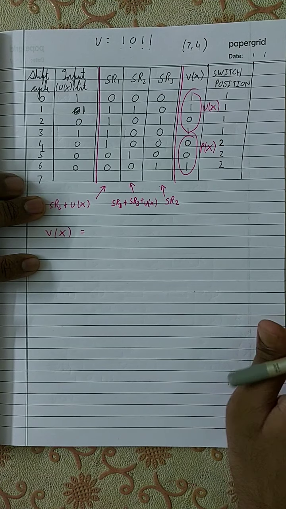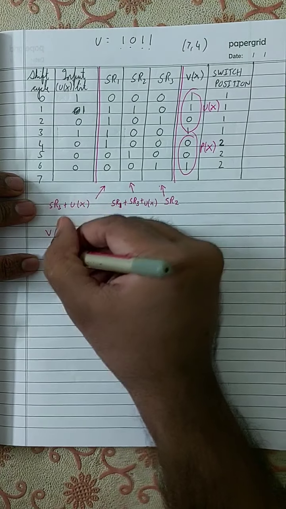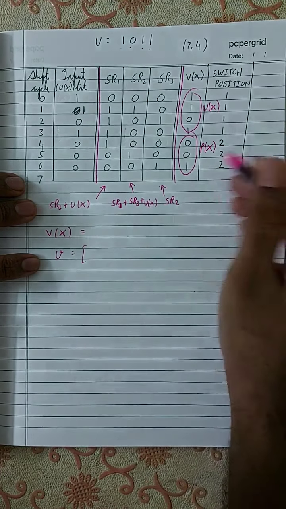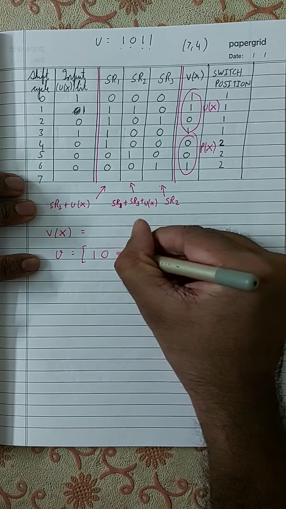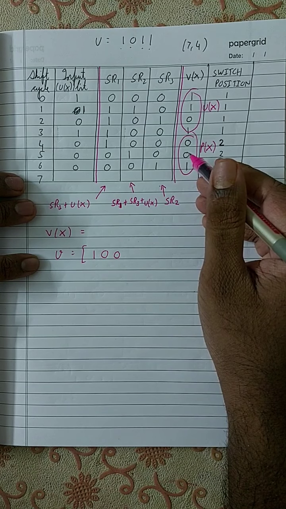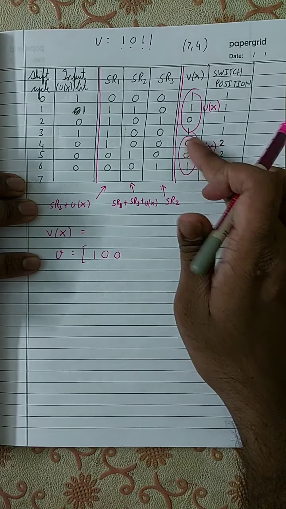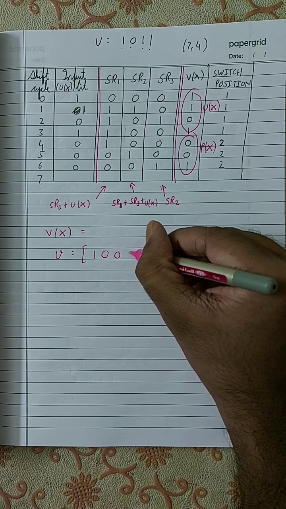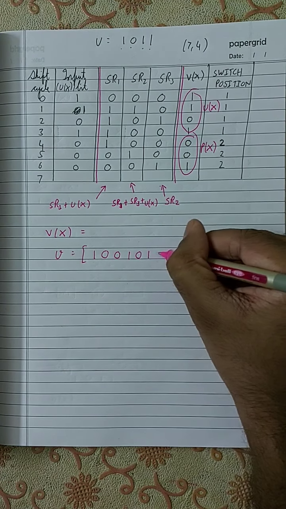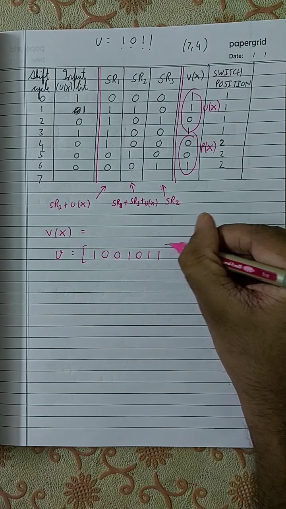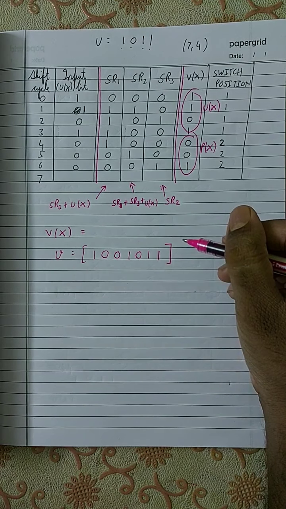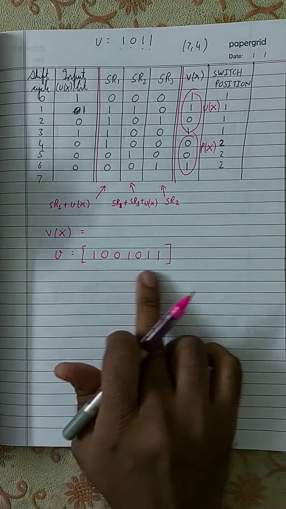First I'll write this: 1 0 0 1 0 1 1, 1 0 0 1 0 1 1.